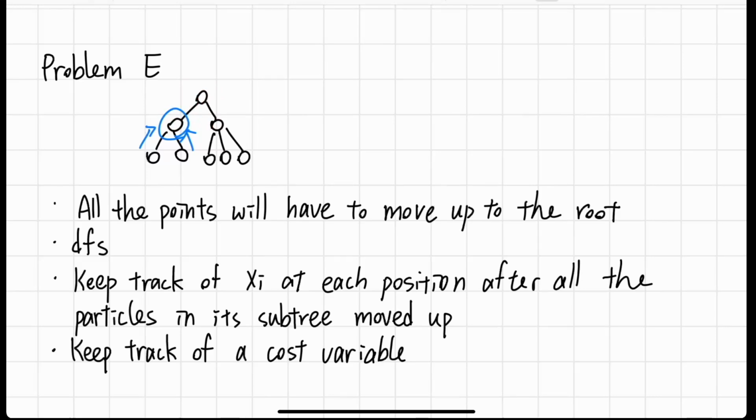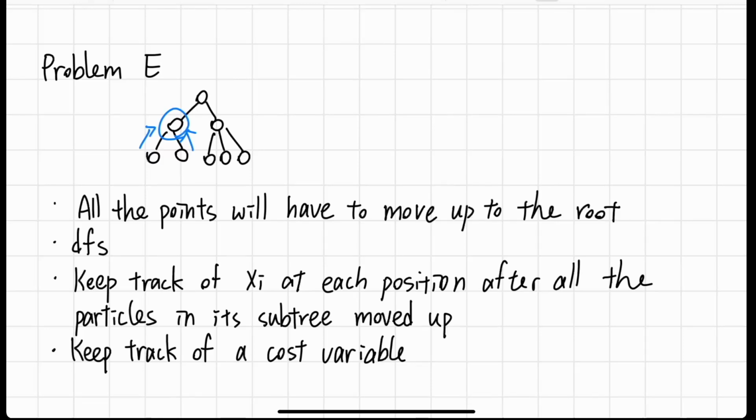So the particles will all move from the leaves up. Some of the particles will disappear at these nodes, and then the rest will continue to move up and then disappear.